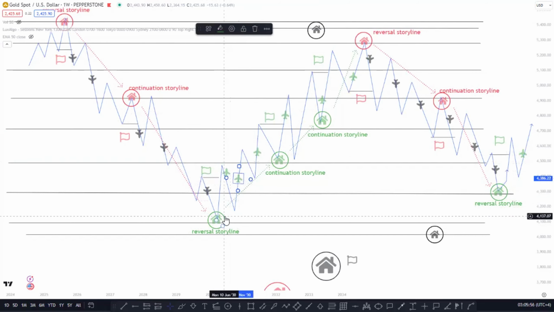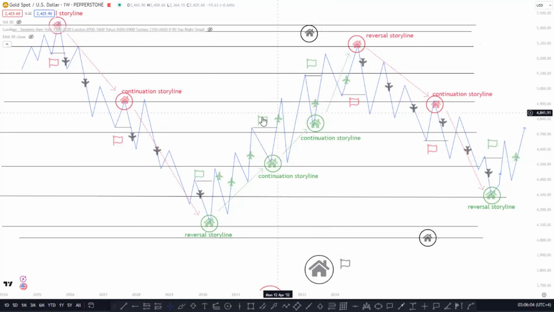So the price will move to the next fresh levels that represent our airports. And the same with the other fresh levels that represent our airports and the price that represents our airplane.